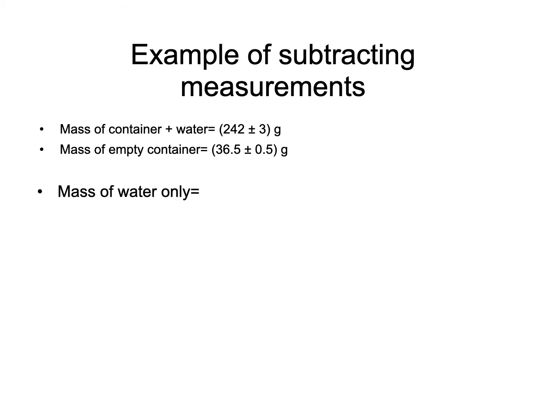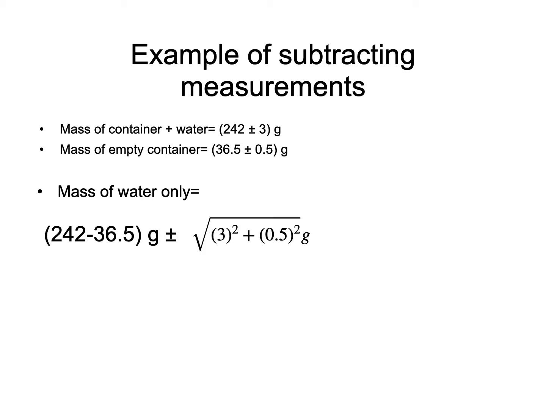The best estimate of the mass of the water only is then the best estimate of the mass of the bowl with the water in it, minus the best estimate of the mass of the empty bowl. The error on the mass of the water only is the square root of the sum of the square of the error on the mass of the container with water in it and the square of the error on the mass of the empty bowl.